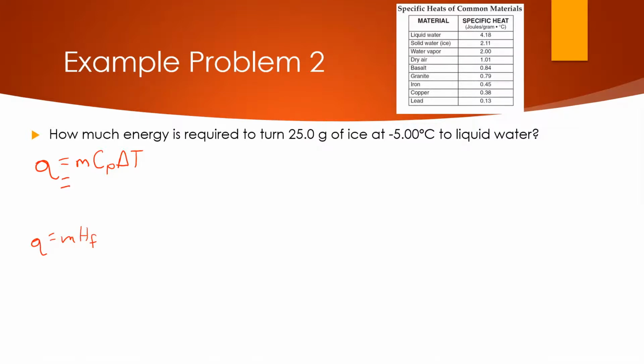So, the mass, 25 grams. The specific heat of ice, 2.11, and the change in temperature is going to be 5.00.